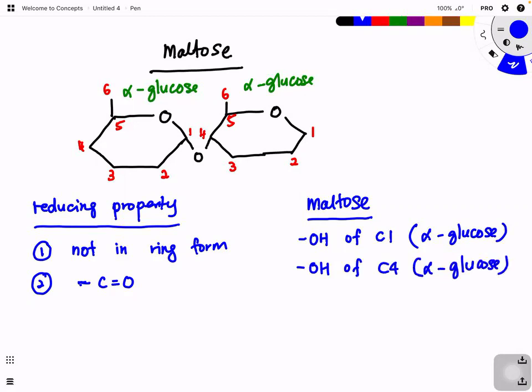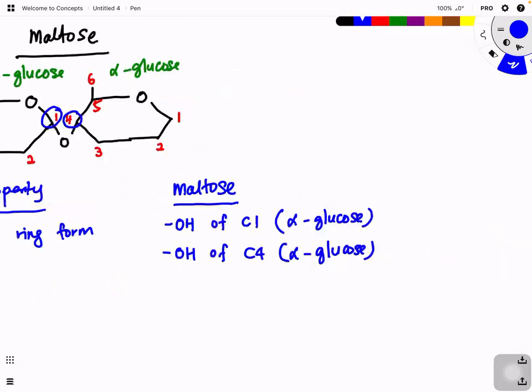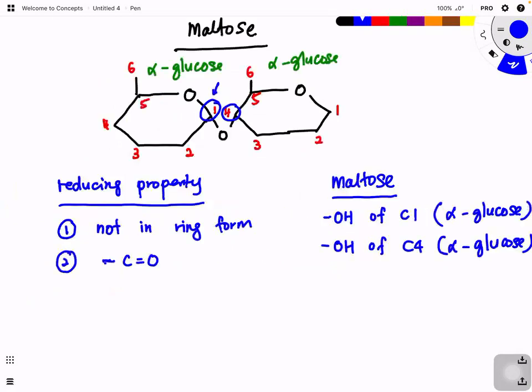Carbon number 1 and carbon number 4. So for the first alpha glucose, it now cannot turn back to the linear form. Why? Because carbon number 1 is used to form the glycosidic bond. So it will remain as a ring structure in aqueous environment.